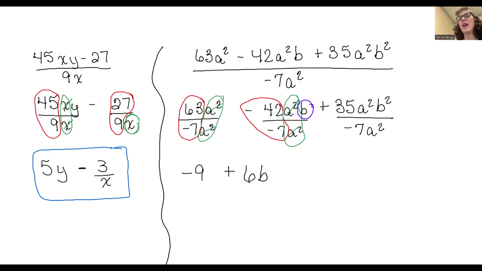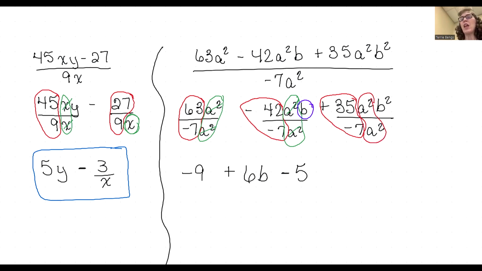All right, let's go to the last one here. This time we have a plus 35 divided by a negative 7. We know that a positive divided by a negative is a negative, so we're going to put our minus there. And 35 divided by 7 is 5. That gets our number. Now we move over to our first variable, which is a squared over a squared.